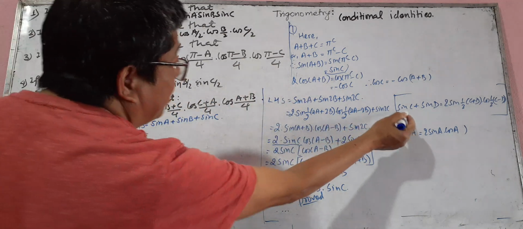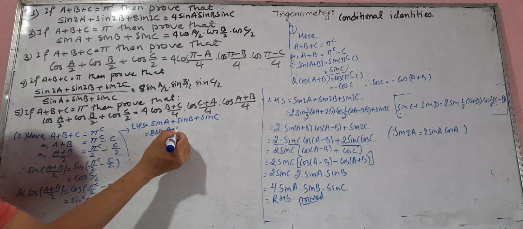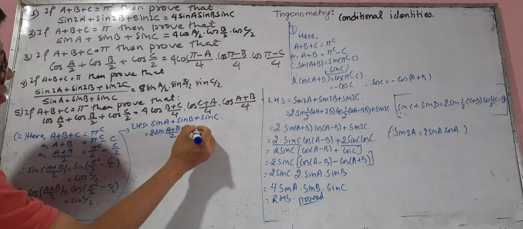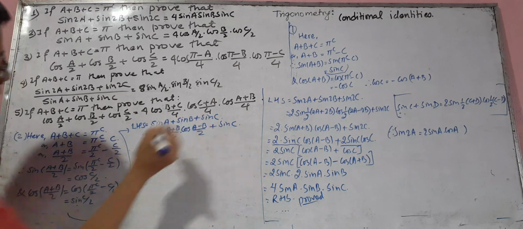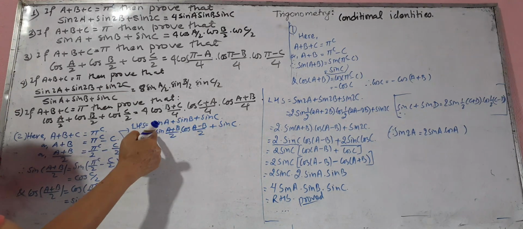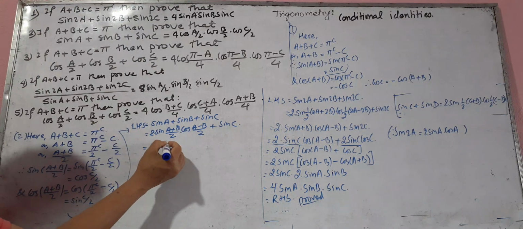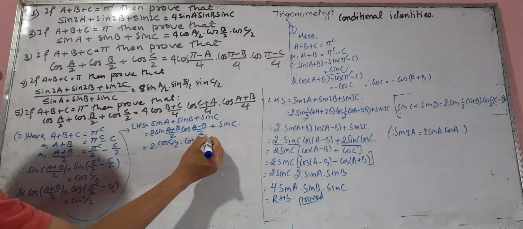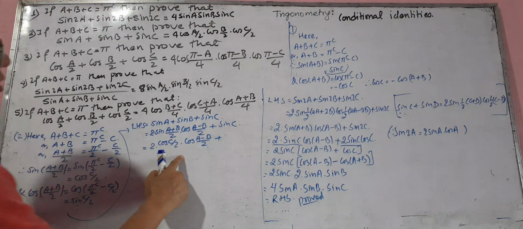So 2 sine (A plus B) by 2 cos (A minus B) by 2, plus sine C. And then 2 sine (A plus B) by 2, look at here, it is cos C by 2. So we use cos C by 2, cos (A minus B) by 2 plus, now it is cos C by 2 and this is sin C.